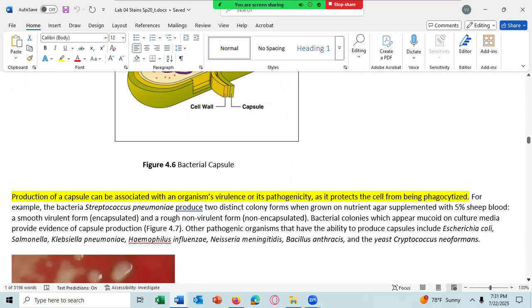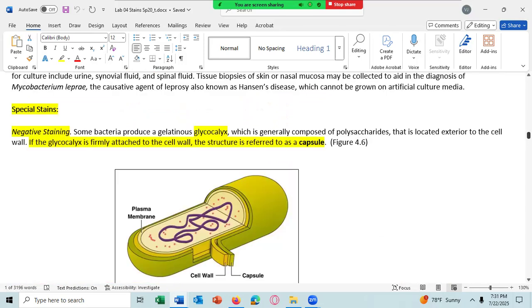If, on the other hand, the glycocalyx is mostly water, you cannot see it with the light microscope. It is called the slime layer.